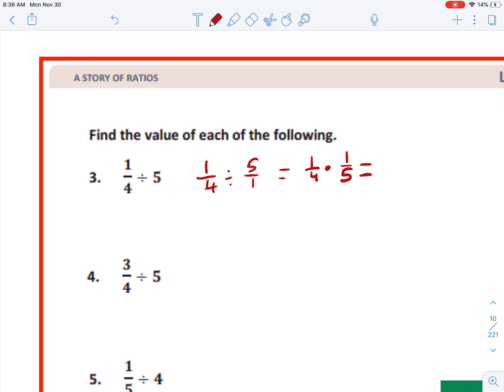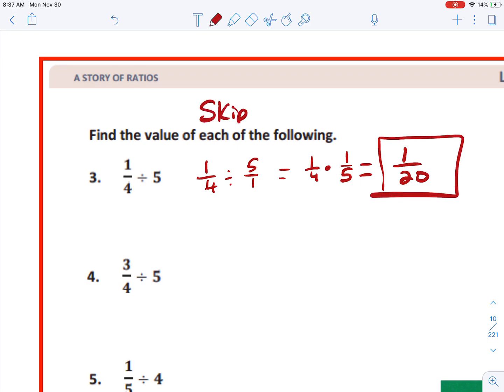Okay, and then we multiply across. This will give us 1/20, and that is our answer. Remember our rule: skip dot flip. We skip the first number, write a dot for multiplication, and then flip the second fraction.